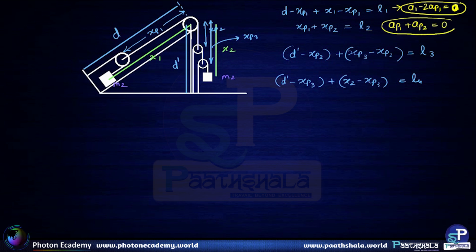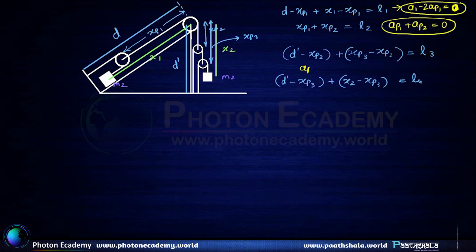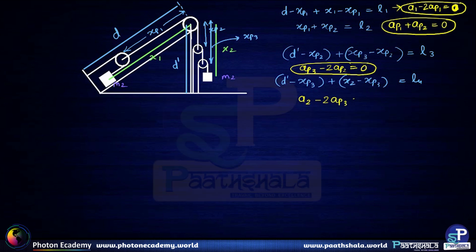This is our second equation. For the third, we can write down ap3 minus 2 times ap2 equal to 0. This is our third equation, and here we can write down a2 minus 2 times ap3 equal to 0.